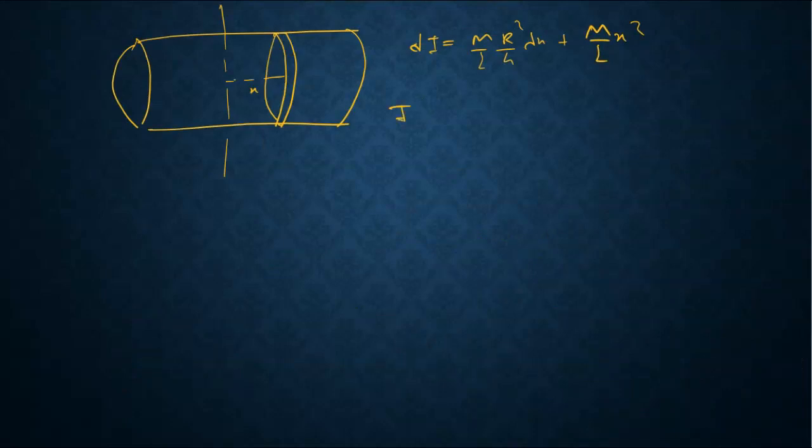So to find the total moment of inertia, I equals integral of dI, let's say we multiply with 2 and integrate over 0 to x.